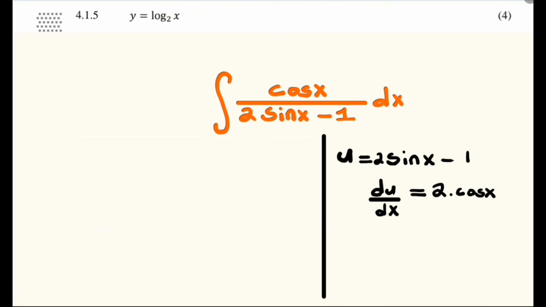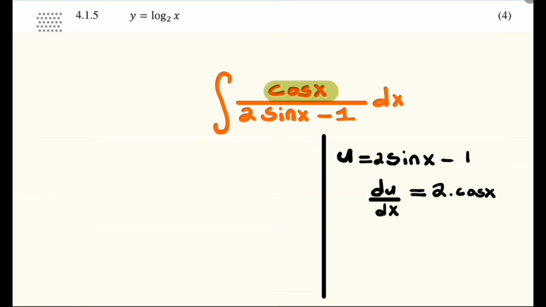Either we let the dx be the subject of the formula and we substitute it where there is that dx, or we make cos x dx the subject of the formula.